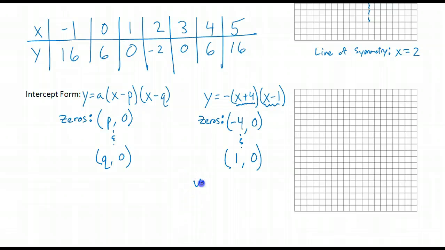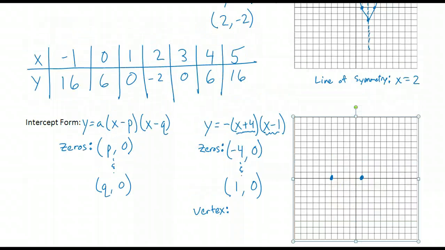Now, in order to find the vertex, I'm going to plot these two zeros. If I plot these two zeros, the line of symmetry has to be in between these two points. My line of symmetry is going to be right here.